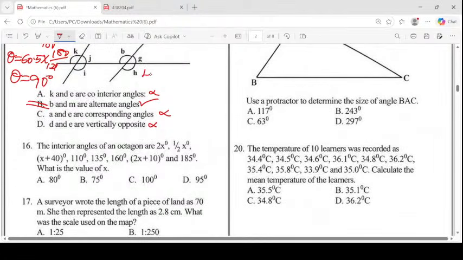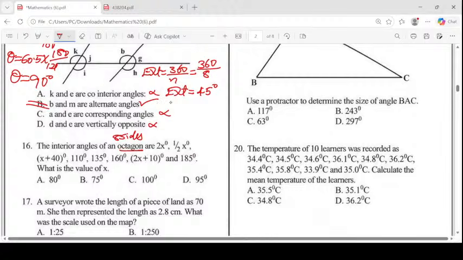Remember, exterior angle is 360 divided by n. So I divide 360 by 8. So we find the exterior angle being equal to 45 degrees.